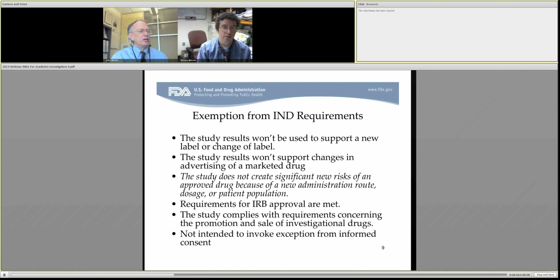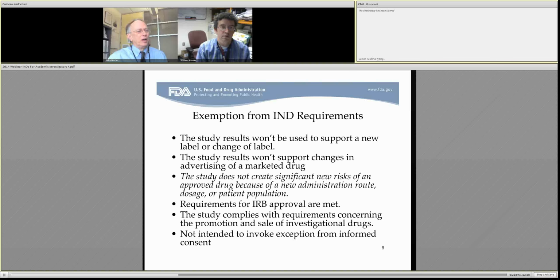I put in italics the most important requirement for exemption. The first says that your study results won't be used to support a new label or change of label. Now, you may not have that intention in your mind, but if you're getting money from a pharmaceutical company and they're collecting the data and you're giving the data to them, my guess is that they may want you to get an IND, and for their own reasons, they may not want to put you on their IND.